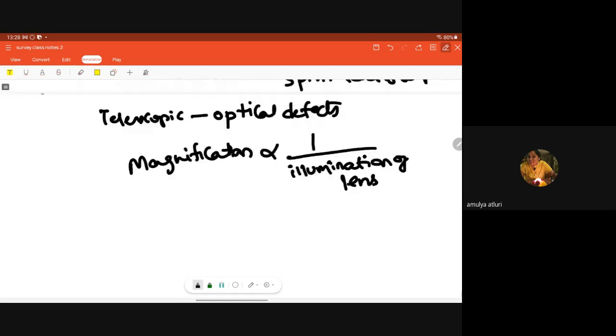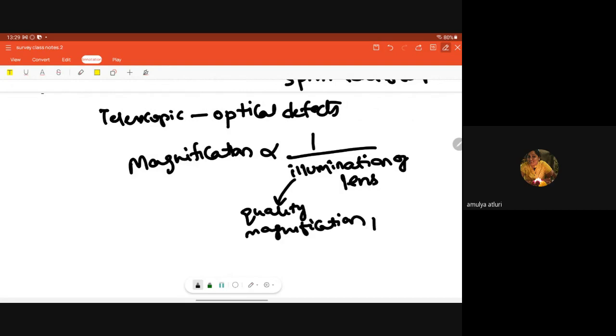Illumination means the proper light requirement. That illumination depends upon the quality of the lens, the magnification power of the lens, and the number of lenses used.